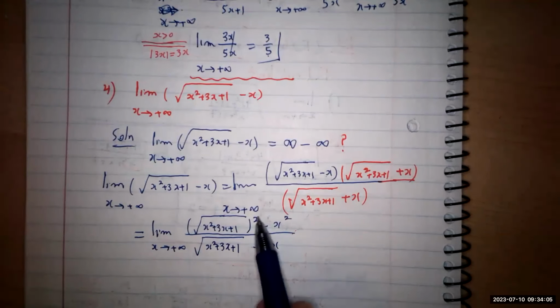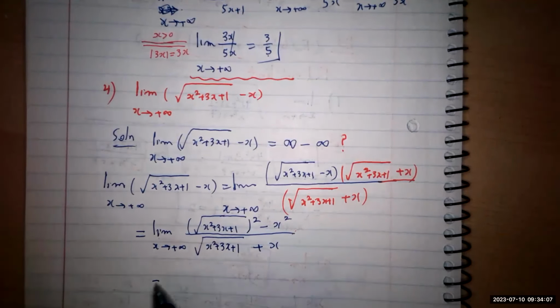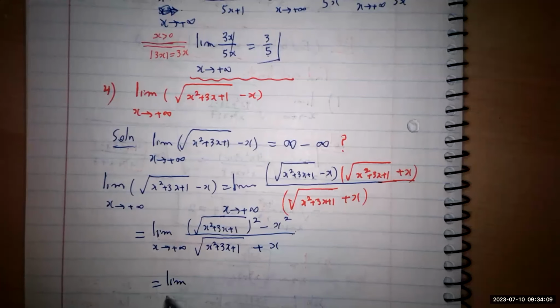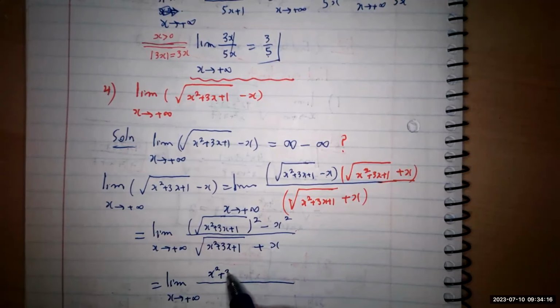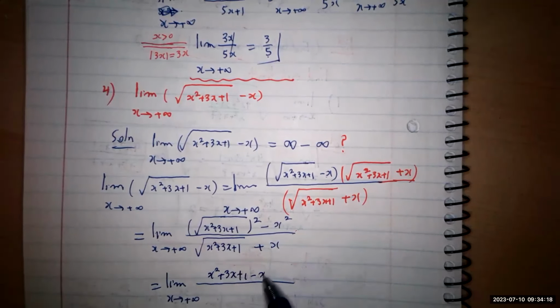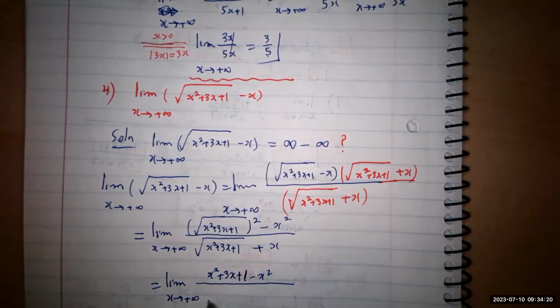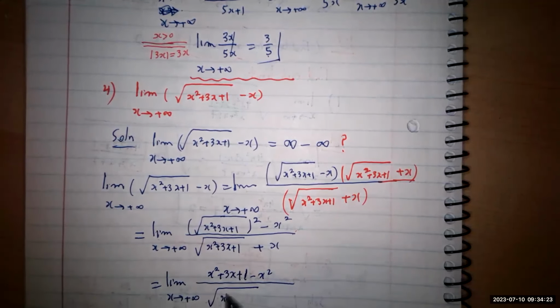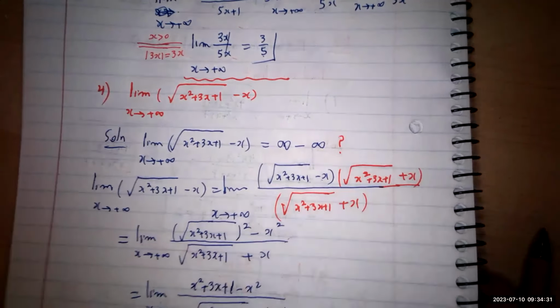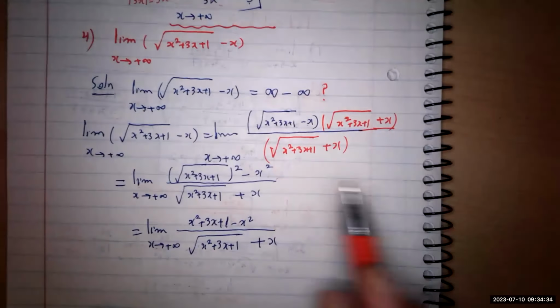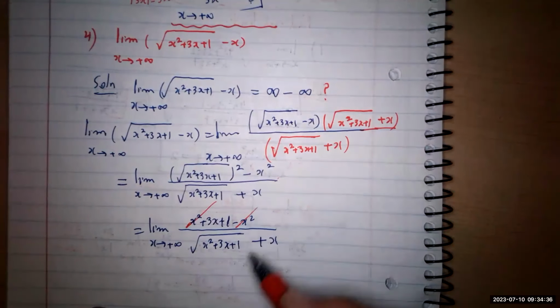You stay on the top, you remove this radical. So this is going to be the limit as x goes to positive infinity. Now the top would be x squared plus 3x plus 1 minus x squared, and the bottom one is just the square root of x squared plus 3x plus 1 plus x. So we get a chance to simplify the top. You see the x squared and x squared cancel out.